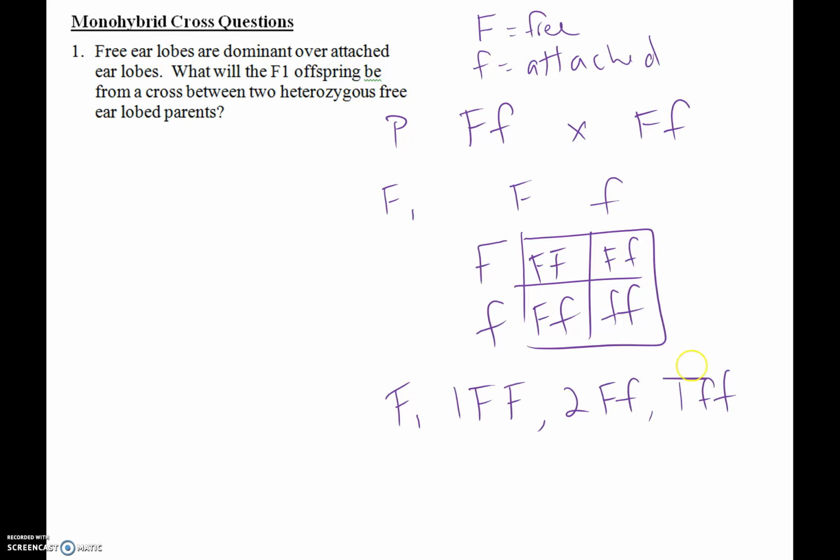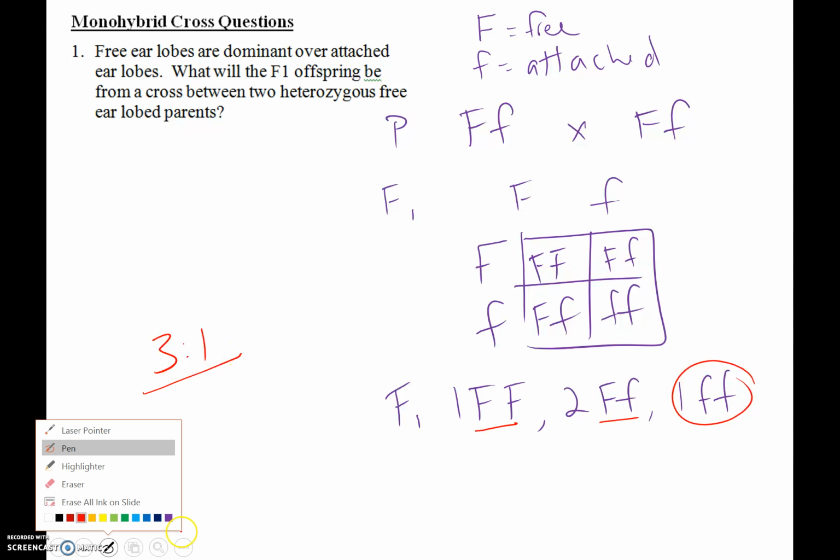And so when we look at this information, we can do two things with this. We can find the phenotypic ratio, and in the phenotypic ratio, there's 3 individuals that have the dominant phenotype, and 1 individual that has the recessive phenotype. So if this was asking for your phenotypic or genotypic ratio, this would be your phenotypic.